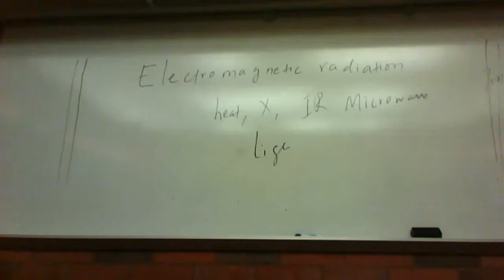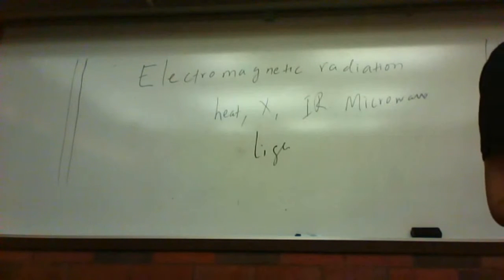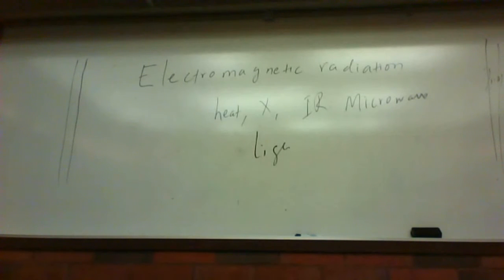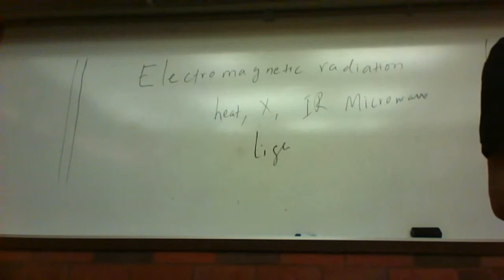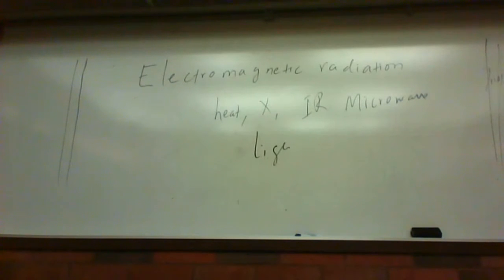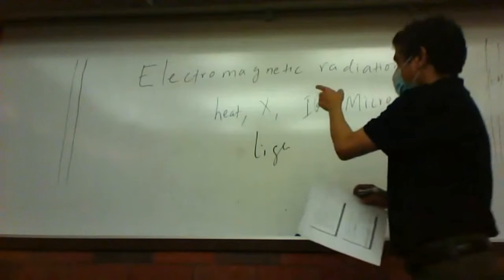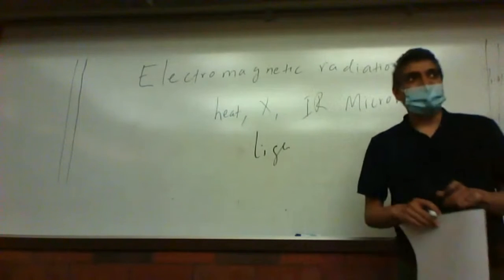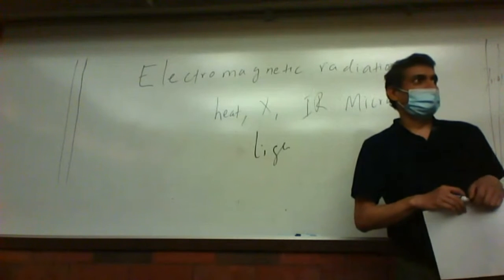Why do we call something electromagnetic radiation? Because they can interact with the magnetic field, or they can interact with the electrical field, or you can easily say that it can produce electricity. If light falls on something, it can produce electricity. So we call these rays electromagnetic radiation.